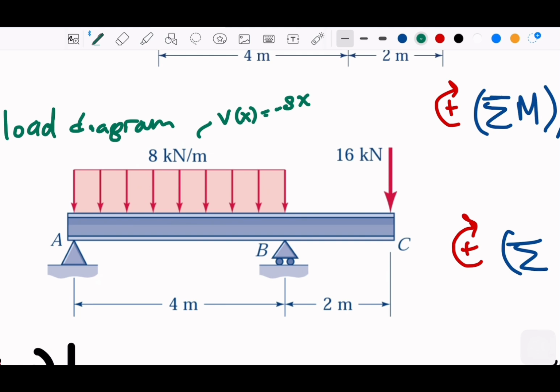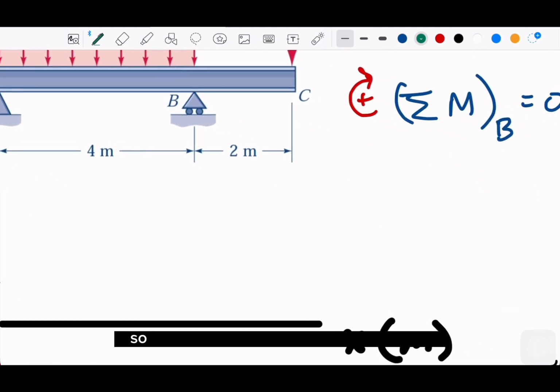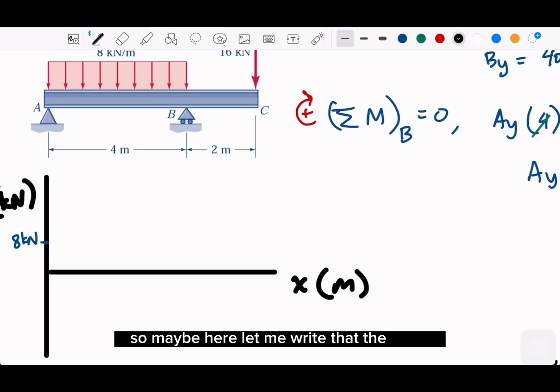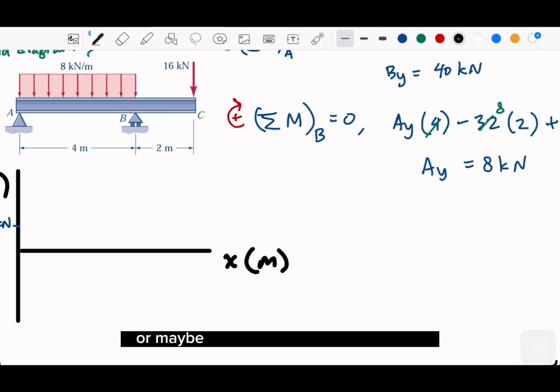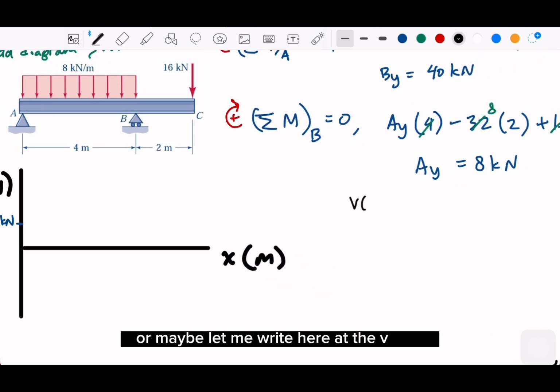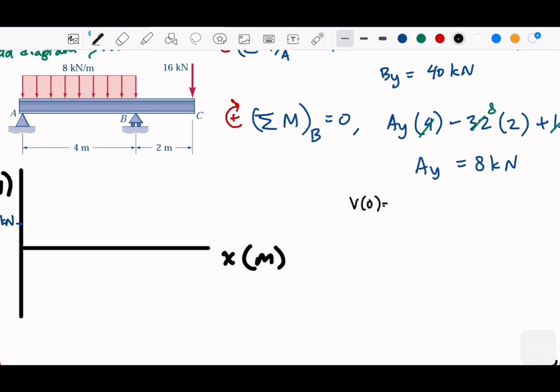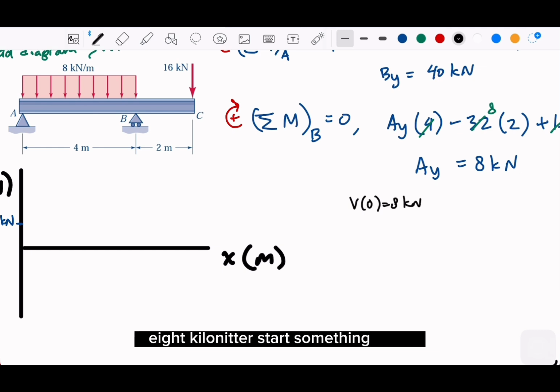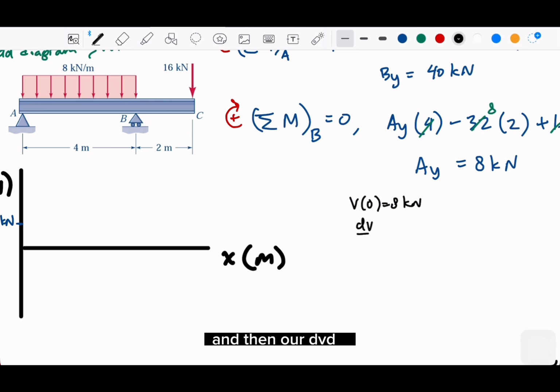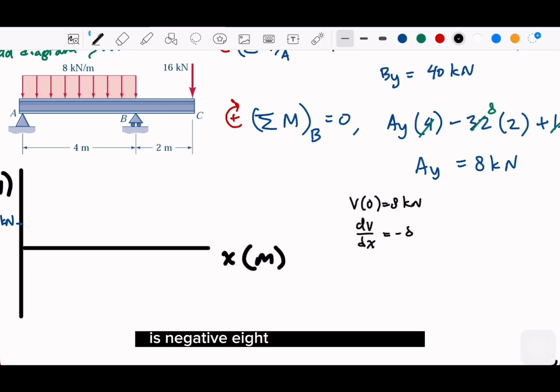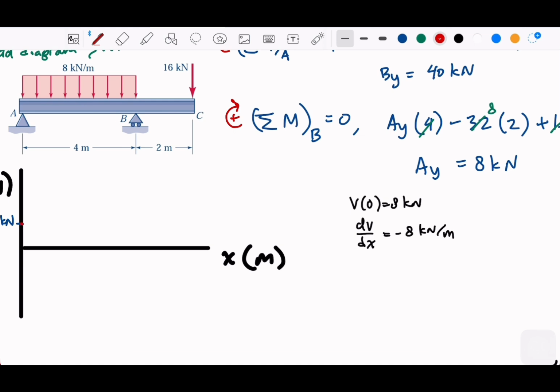So maybe here, let me write at V0, 8 kilonewton starting point, and then our dV/dx is negative 8 kilonewton per meter. So we could start from this point, right?